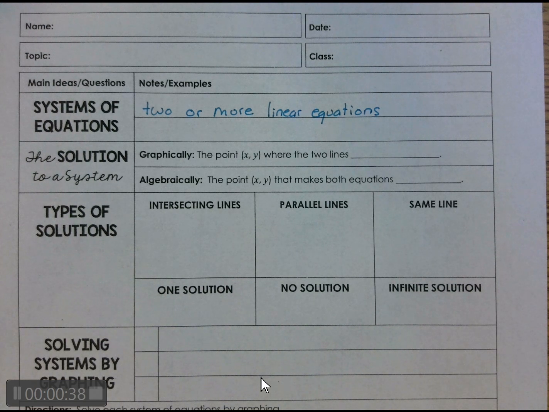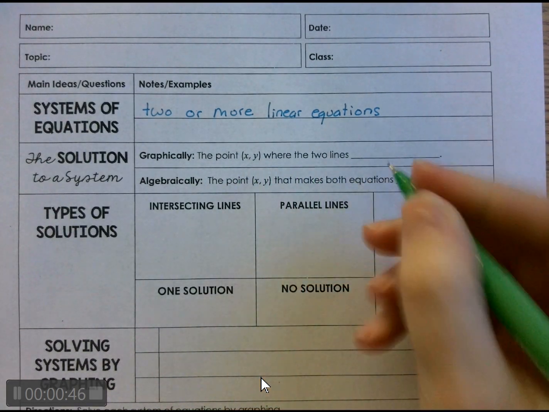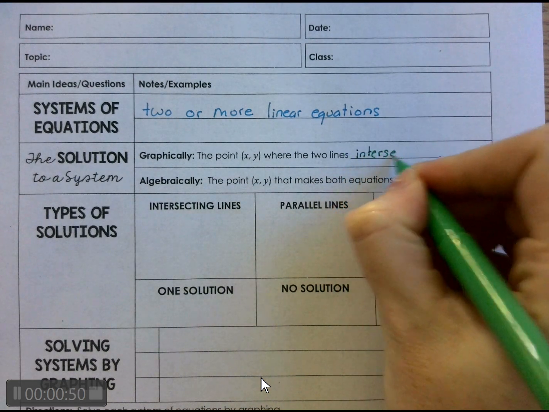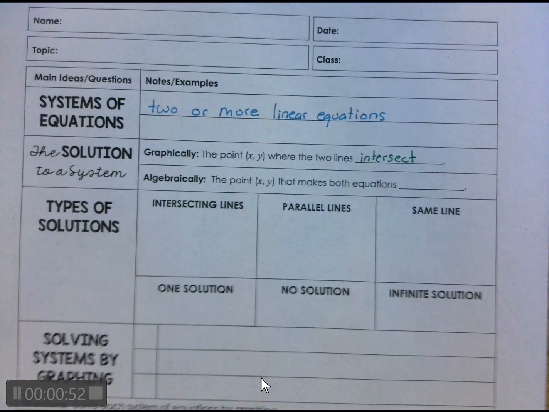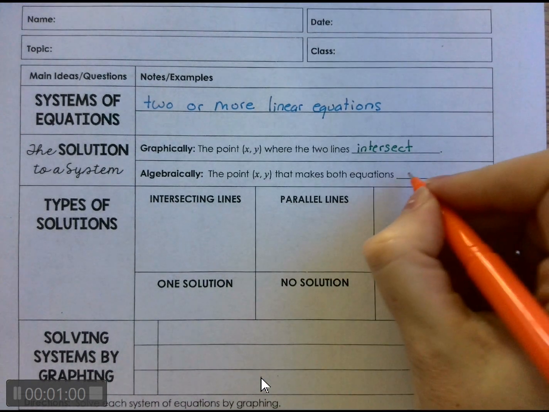So the solutions to a system we can find graphically, and it's going to be the point xy where the two lines intersect, or where they cross. And algebraically, it's going to be the point xy that makes both equations true.